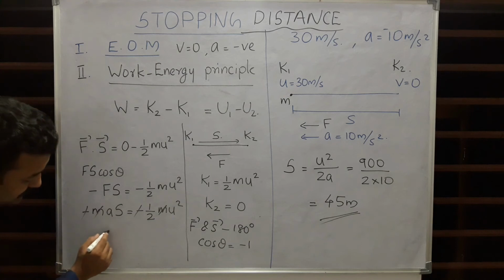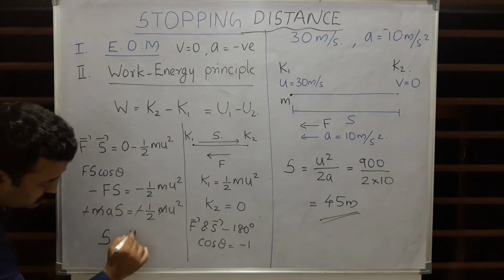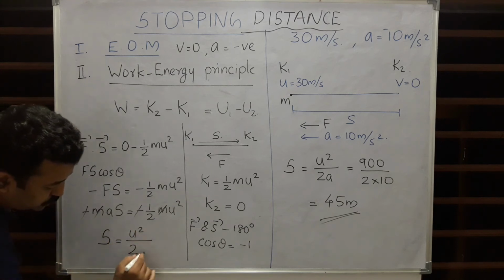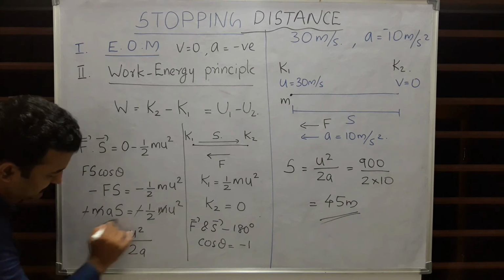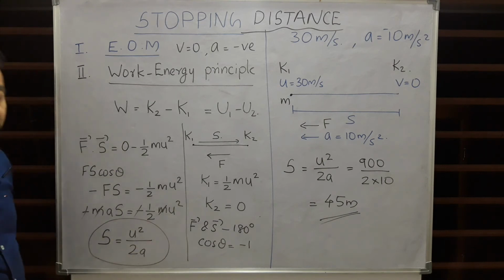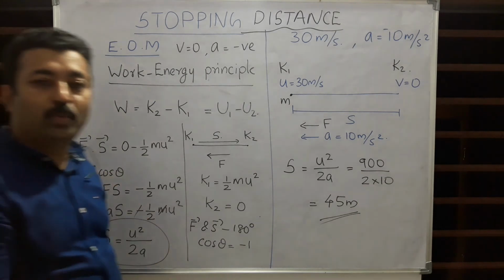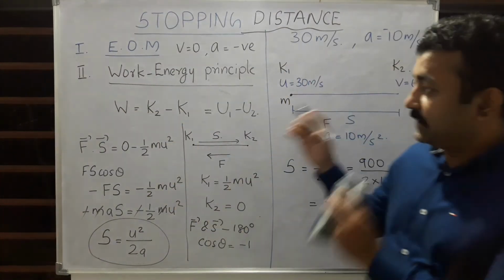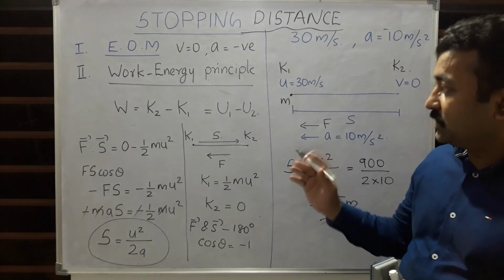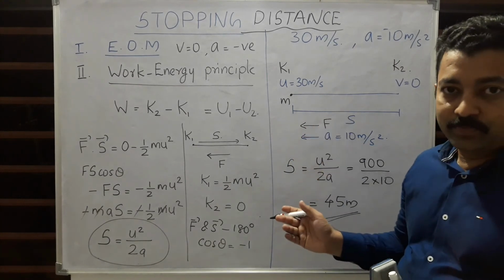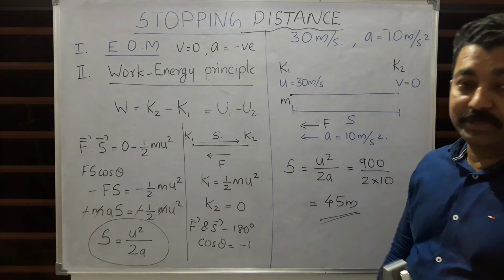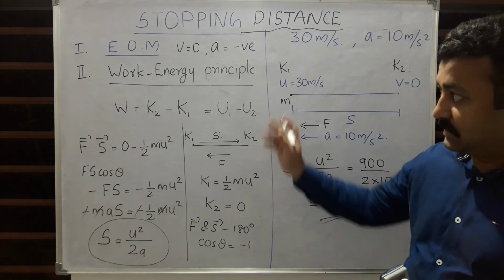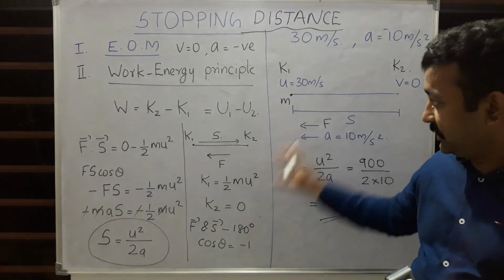We get S is equal to u square by 2a, just as the same type of expression which we have got using which one? The equations of motion. So that is another method, or that is another illustration of work energy principle when we are discussing the stopping distance. You can see the work energy principle is satisfied in this problem.